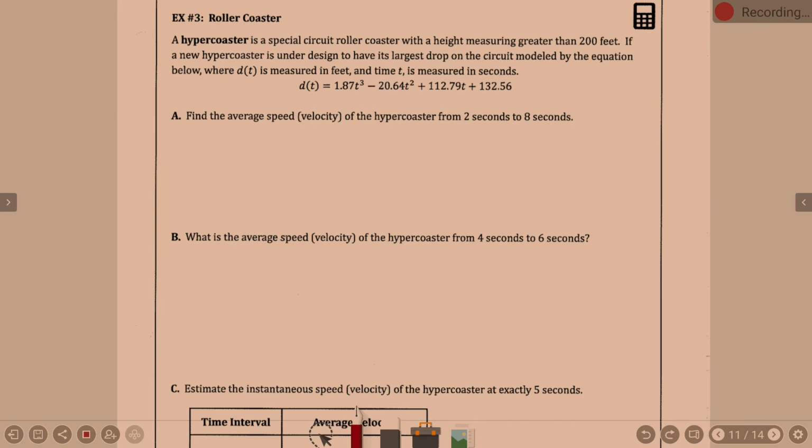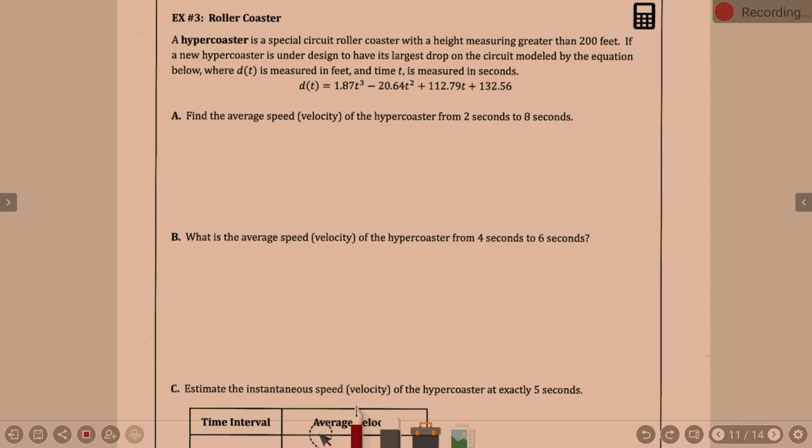You just plug in the time, but you have to set up two different equations. d of t is distance. It says d of t is measured in feet, so that tells you it's the largest drop, your drop in feet. So we just set up two equations, one with 2 seconds, one with 8 seconds, and then subtract.